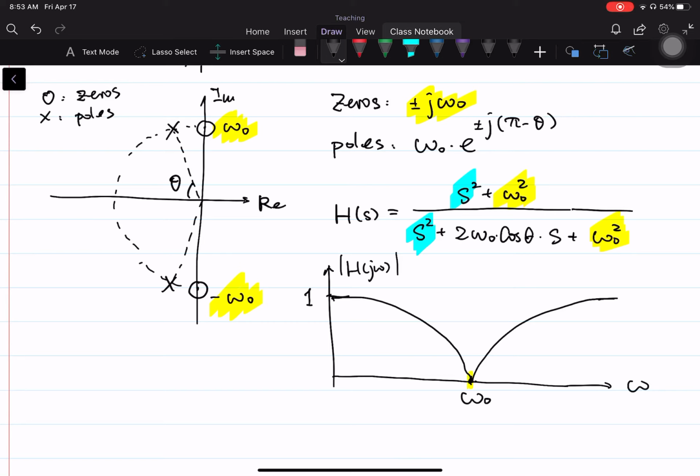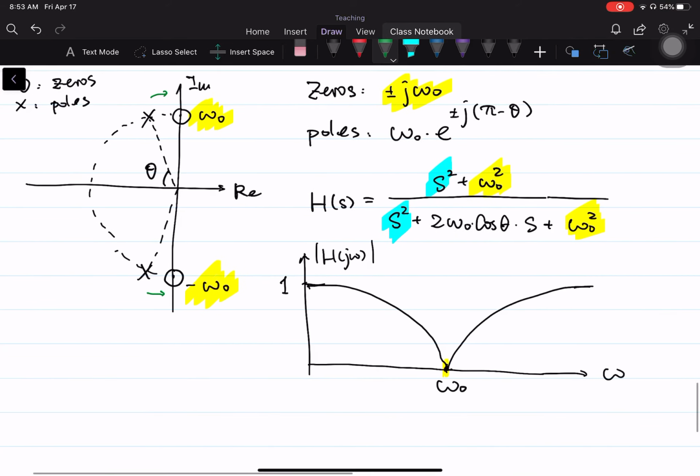And when you choose this theta close to 90 degrees, meaning when you move your pole close to 0, the more you do that, you see this drop and rise in the magnitude response function more steep, right?